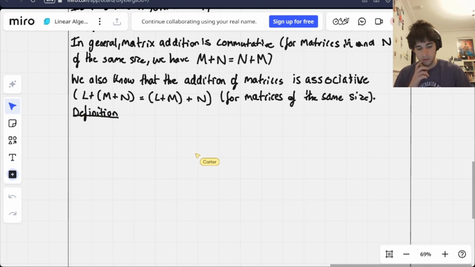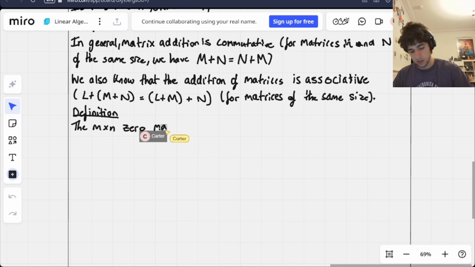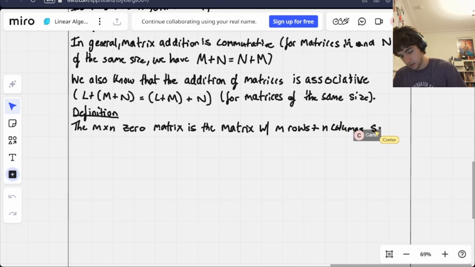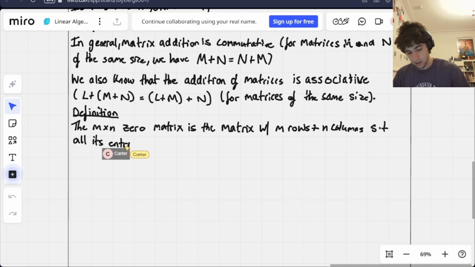Definition: the M by N zero matrix is the matrix with M rows and N columns such that all of its entries are 0.